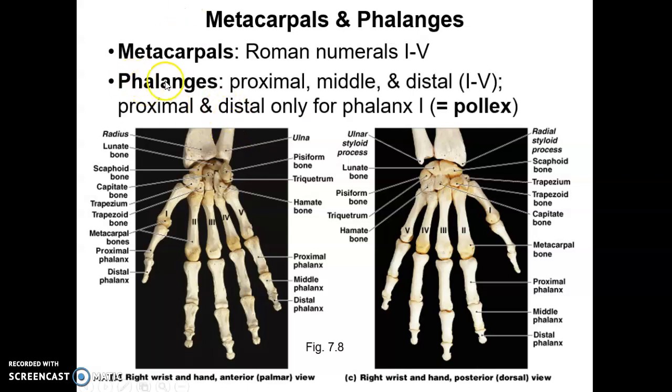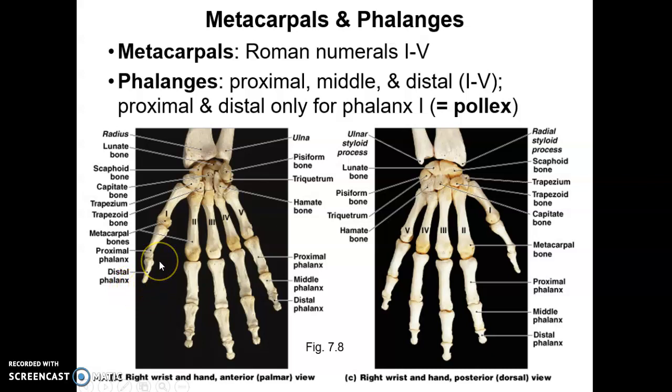And then the phalanges or the digits are also numbered with Roman numerals 1 through 5. And the phalanges have a proximal, middle, and distal phalanx. Phalanges is plural. So each finger has 3 phalanges except for the thumb, which only has the proximal and distal phalanx.